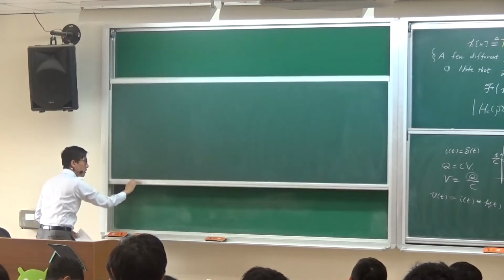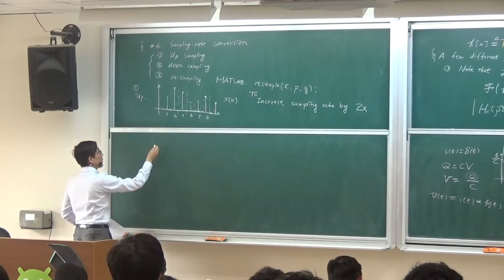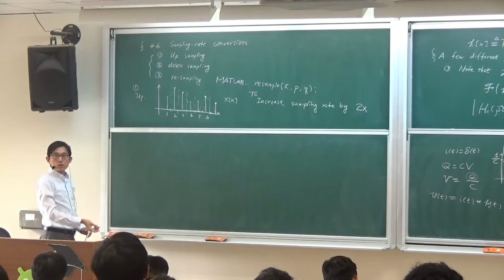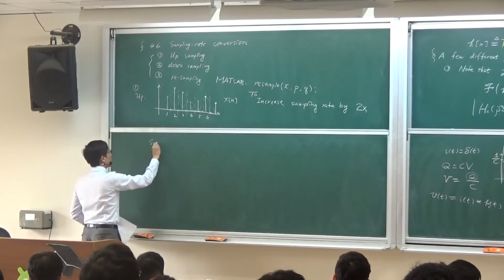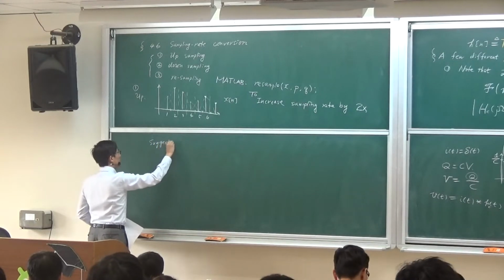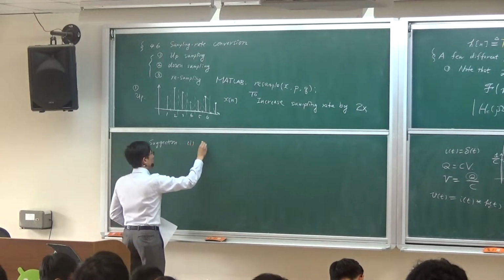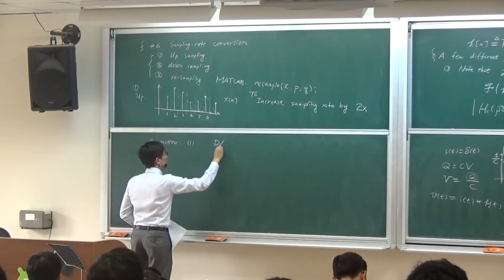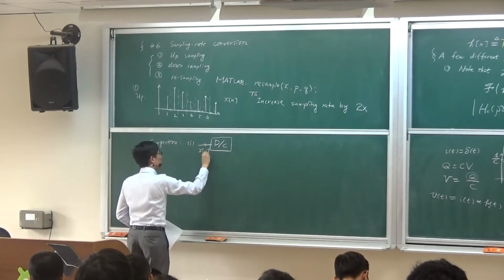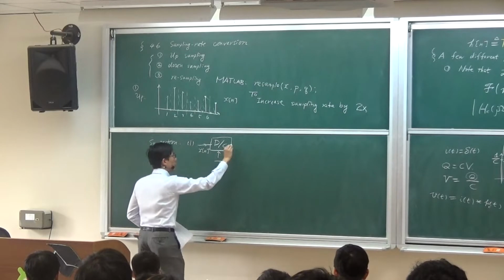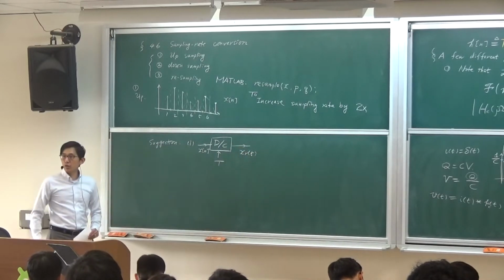So the suggestion is going to have 2 steps. If you want to upsample by 2, then at least conceptually, the suggestion is first, let's just do D2C to reconstruct the original signal in continuous time.